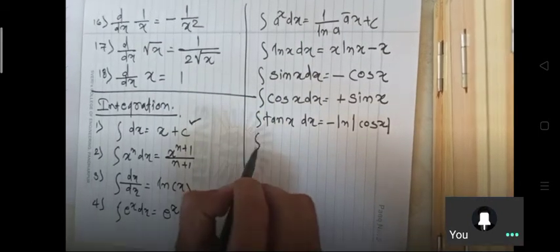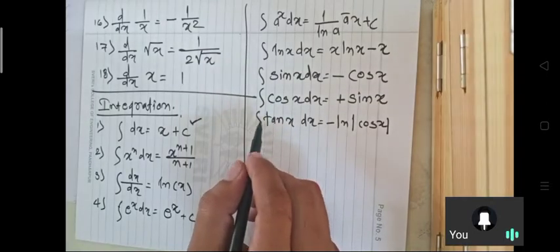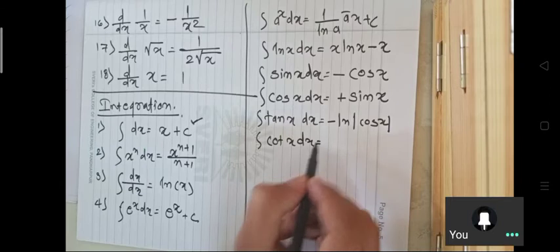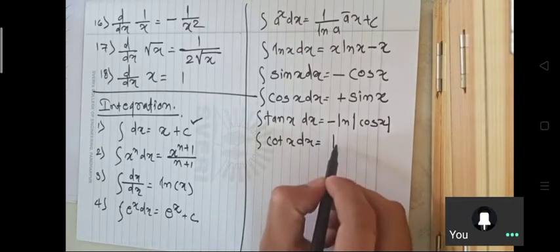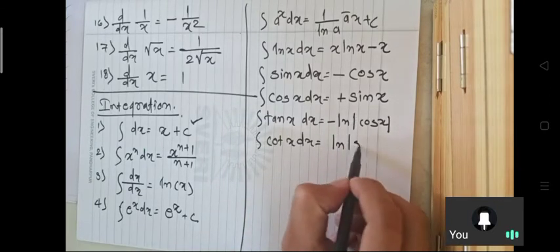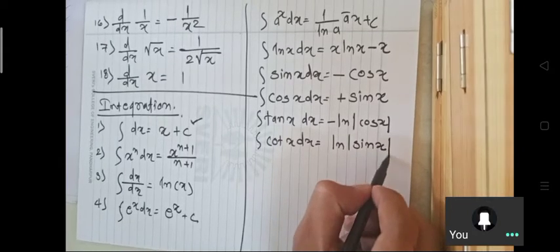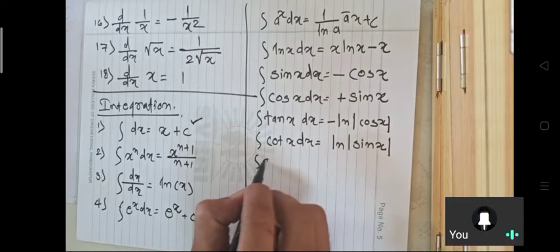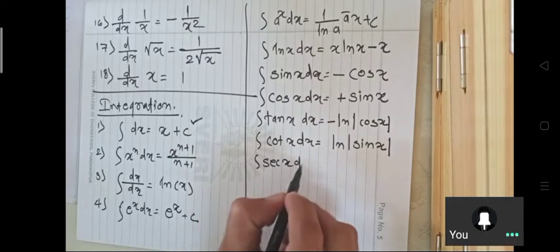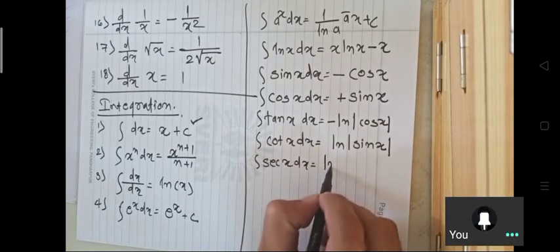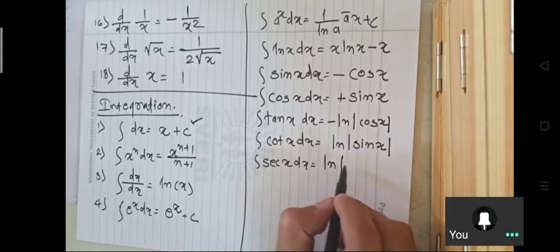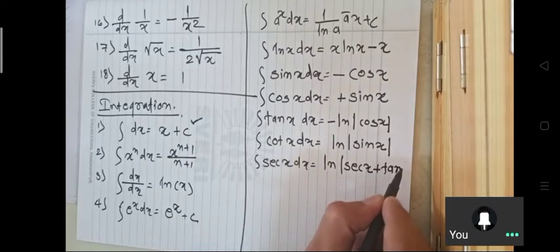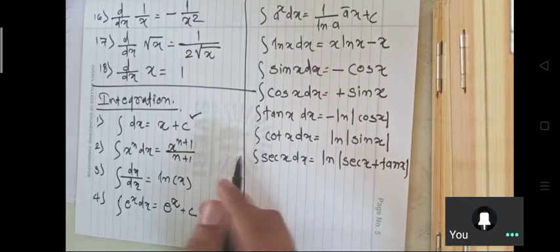Next, cot x dx is plus log of sin x. Next, sec x dx is equal to log of sec x plus tan x, right?